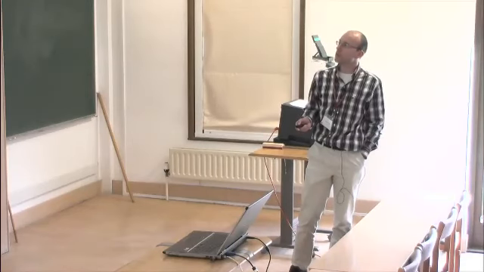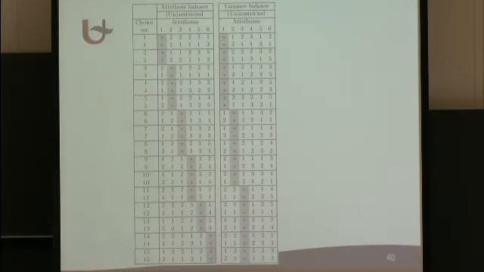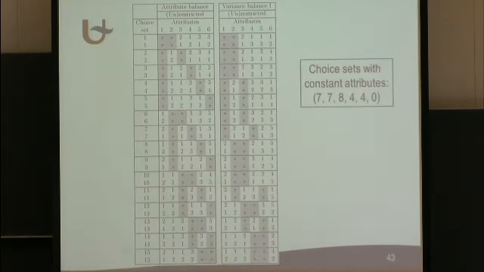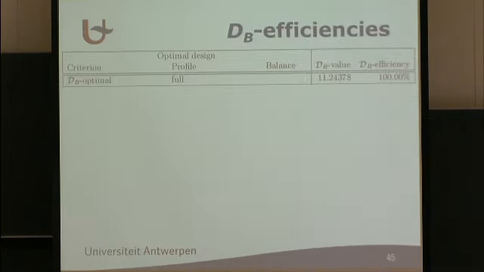And you can also ask for partial profile designs when you use our algorithm and the utility neutral approach. These are the designs, but I will skip them and move to the table with our efficiencies. Here on this slide I will summarize all the efficiencies of the designs that I've shown.